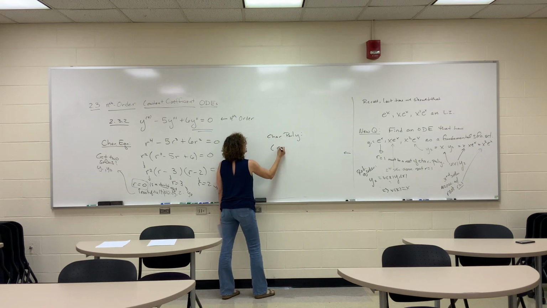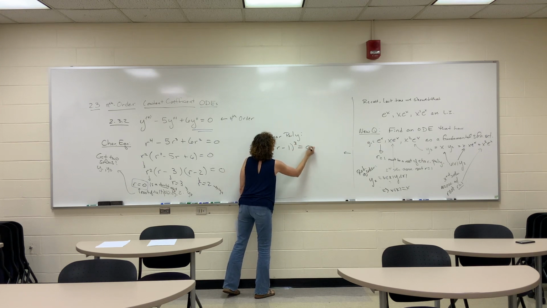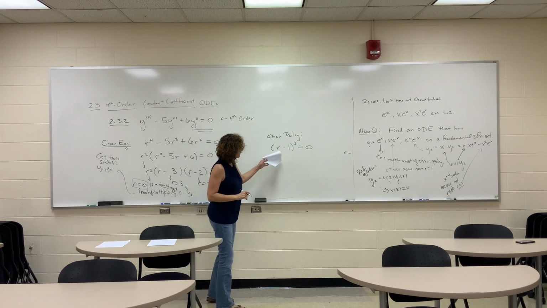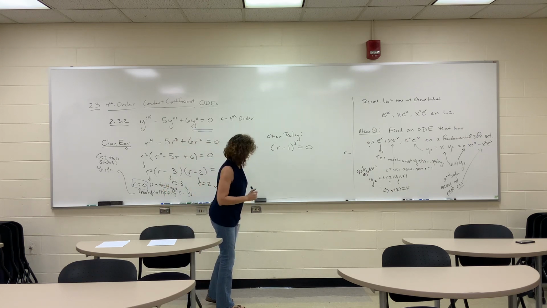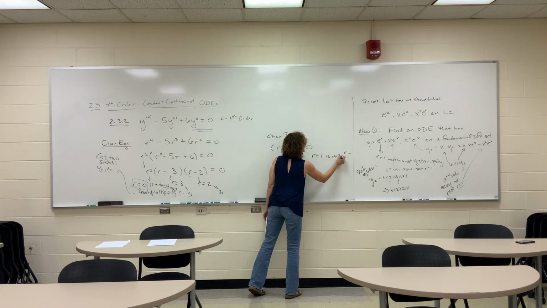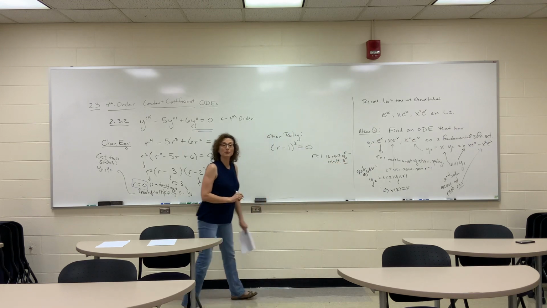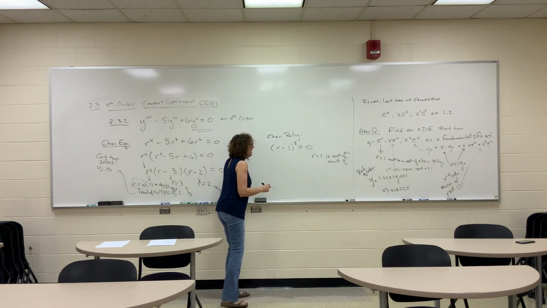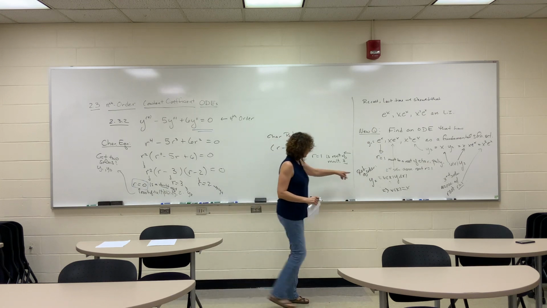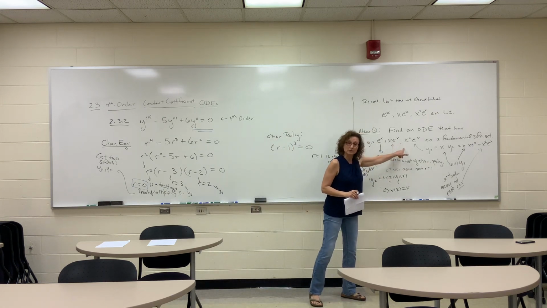That characteristic polynomial must have been r minus 1 quantity cubed equals 0, right? We must have reduced down to that, yeah? So r equals 1 is a triple root, a root of multiplicity 3. Okay, well then if that's the case, that's how we would generate those three solutions. It's just the same idea of reduction of order reapplied, right?